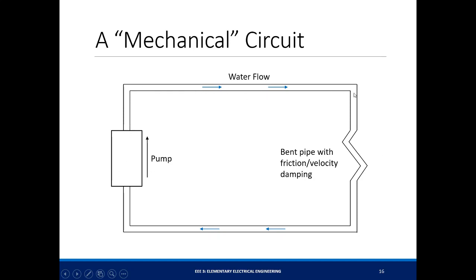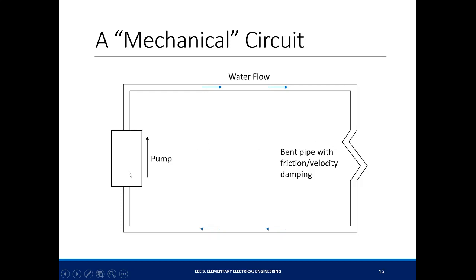The water flow will keep on increasing in speed, but at some point, the force experienced by the water here in the bent pipe forces it to have a constant flow. So it's kind of what we call a terminal velocity. If you remember the term, I think that's from Physics 71.